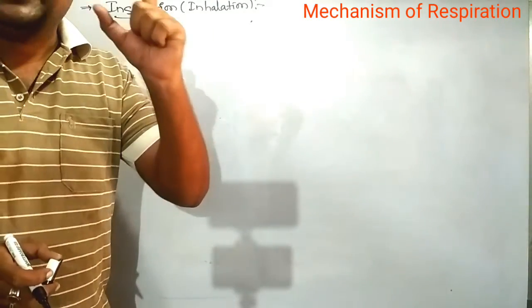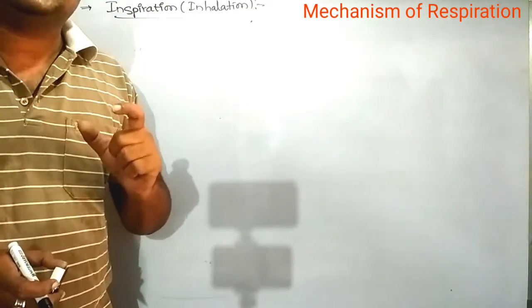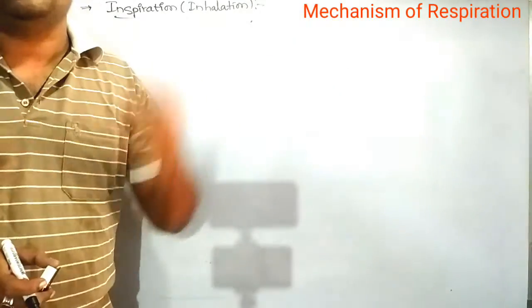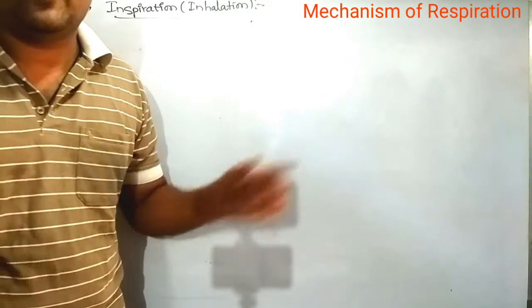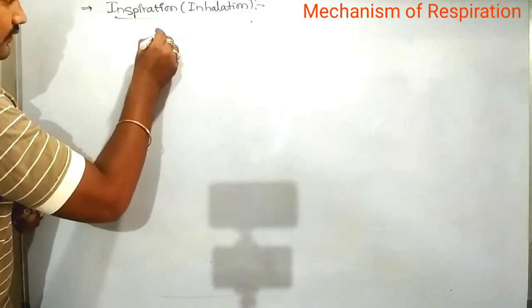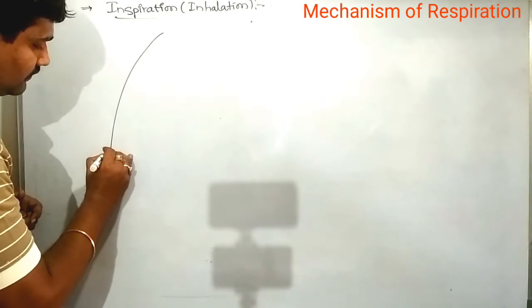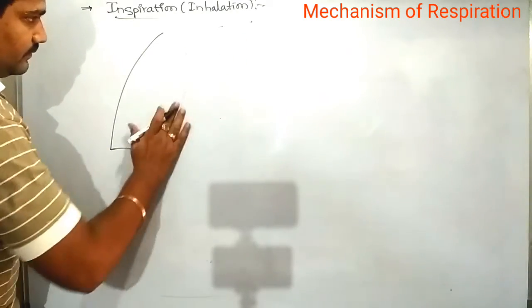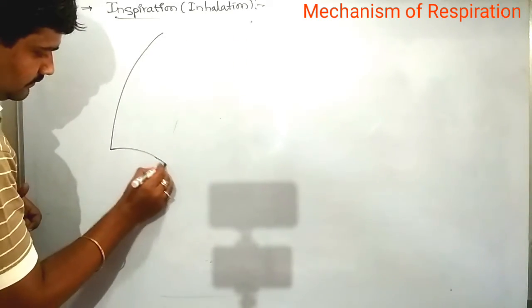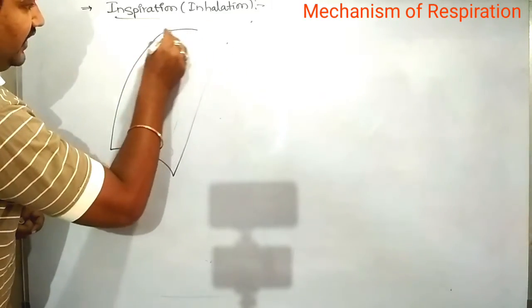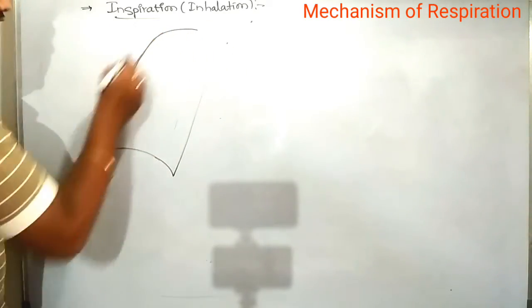Yes, the rib cage contains one special muscle, and that muscle is also useful for expansion of the rib cage. So this one is the rib cage.